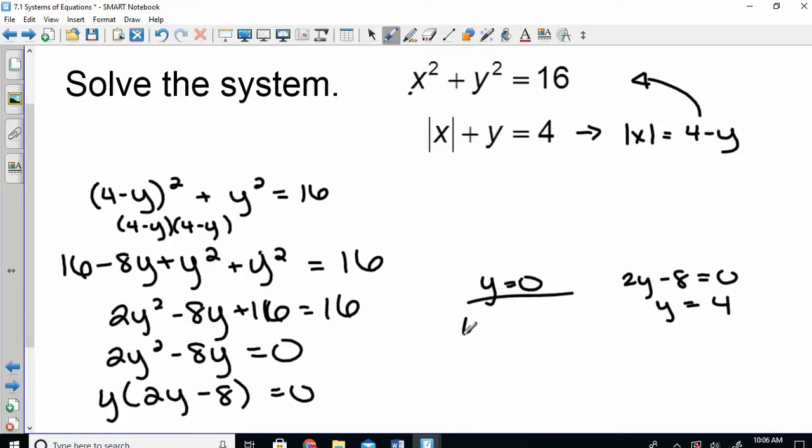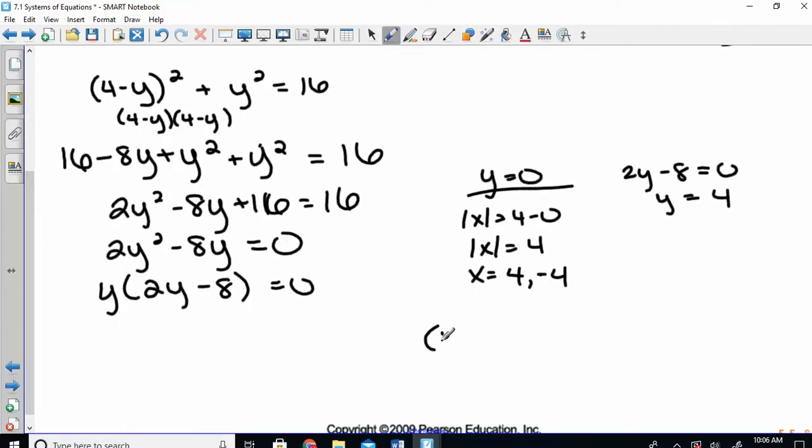So if I plugged it in right here, the absolute value of x is 4 minus 0, so the absolute value of x equals 4. So what can x be if the absolute value of it is 4? It could be positive 4, or it could be negative 4, because isn't the absolute value of negative 4, 4?